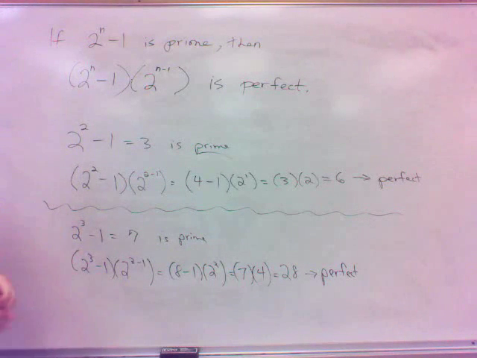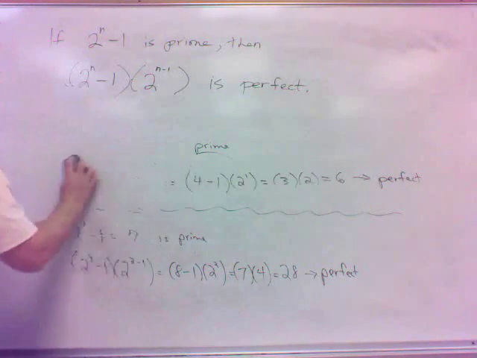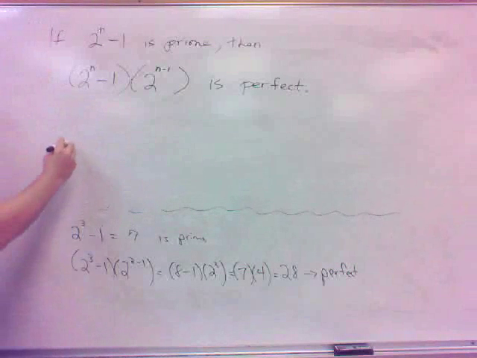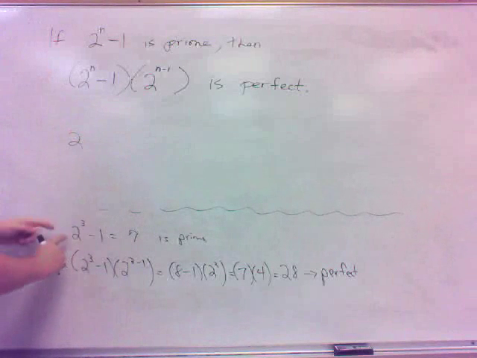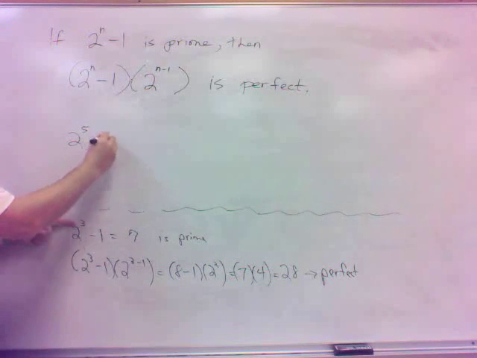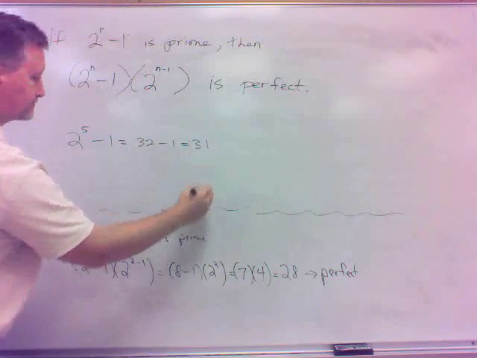Well, let's see if it works. I told you that the third perfect number was 496. Let's see if it worked. All right. So the third Mersenne prime, remember we had to go to 2 to the fifth minus 1 to get the third Mersenne prime. That's 32 minus 1, that's 31. Okay?